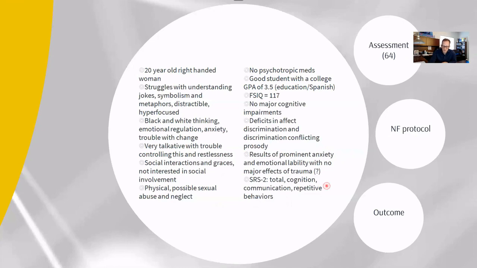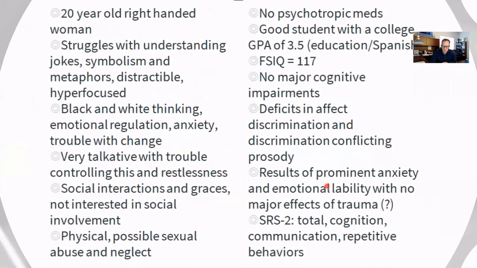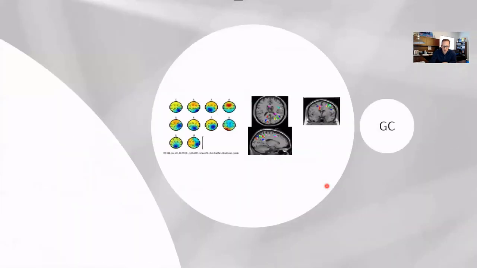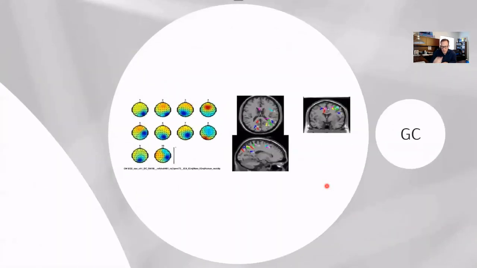This person's assessment was actually based on a 64-channel EEG, and you'll notice how much more specific and detailed and internal these dipoles are. That's what happens when you go from 19 channels to more than 19 channels.